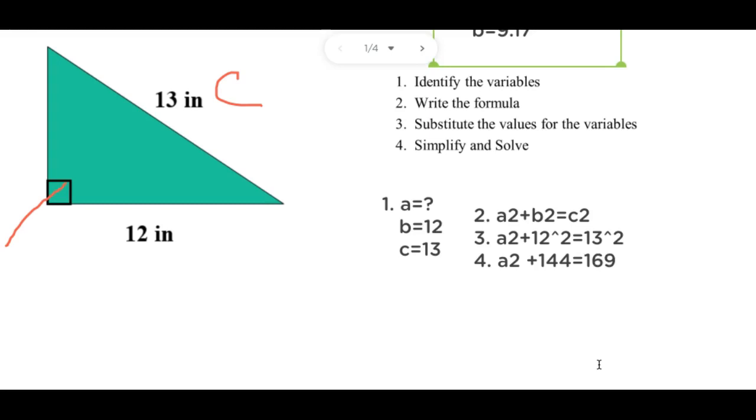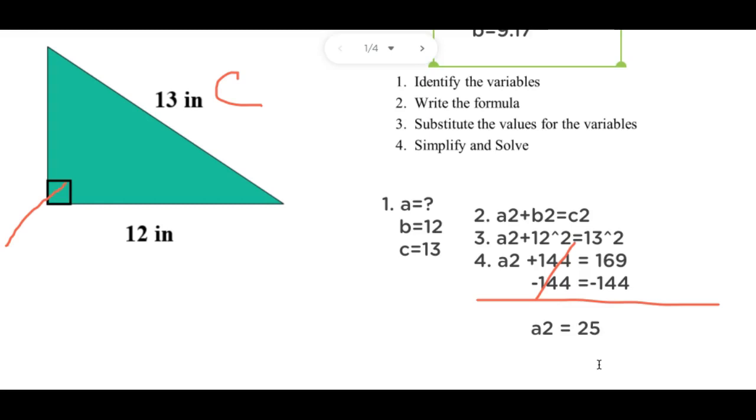I need to subtract 144 from both sides. My zero pair is there, and we're left with A squared. A squared equals 25.